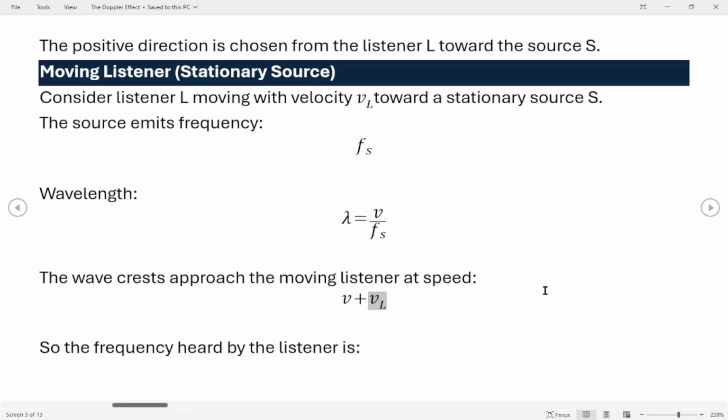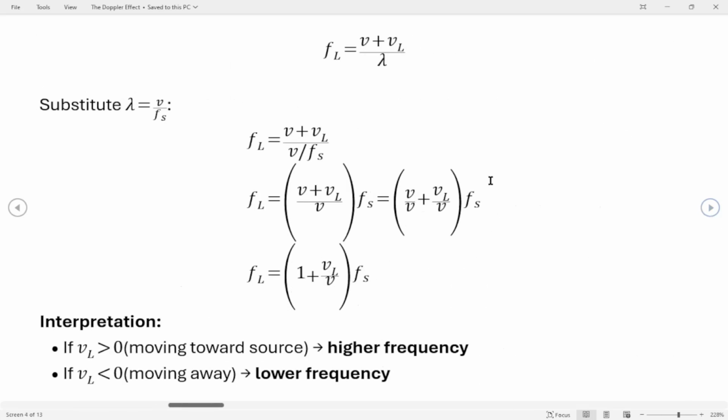So, the frequency heard by the listener can be computed using this equation: f sub L equals the sum of the speed of the sound in the medium plus the velocity of the listener, and the sum of these velocities will be divided by the wavelength of the sound.